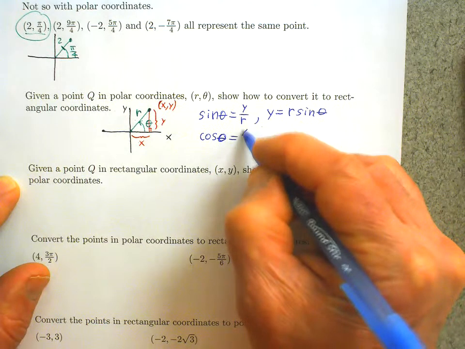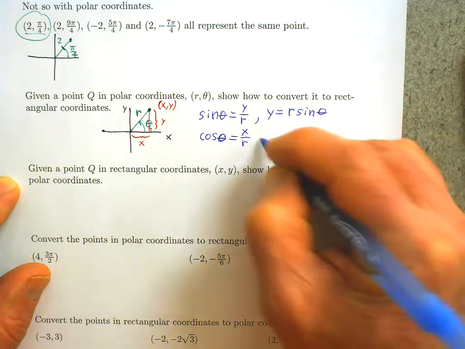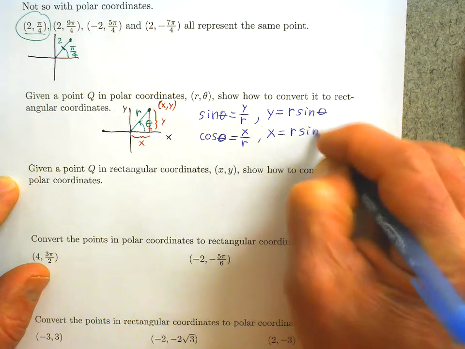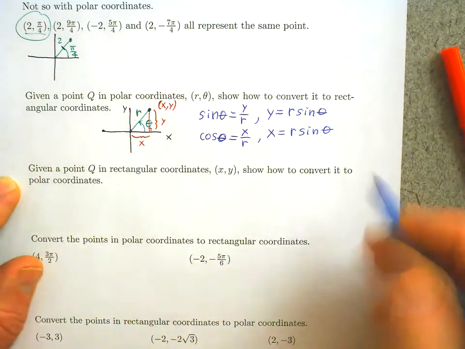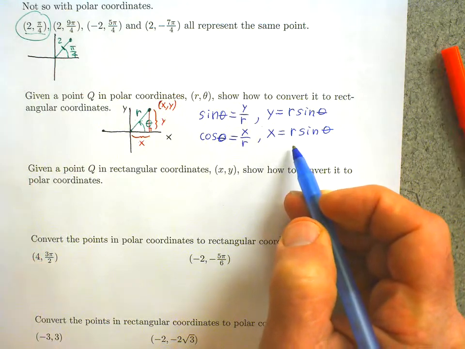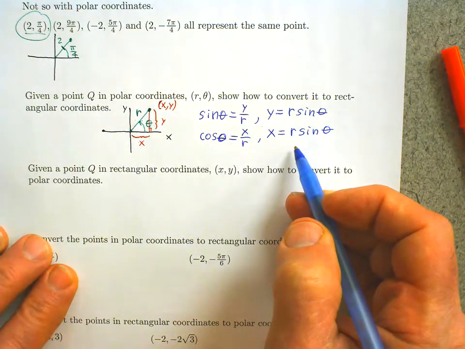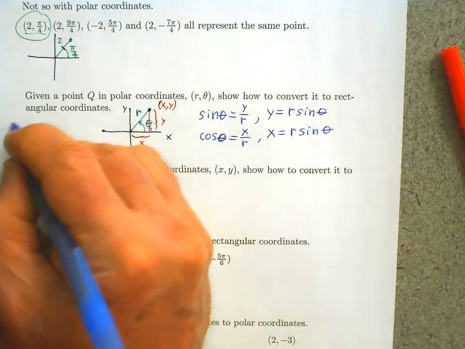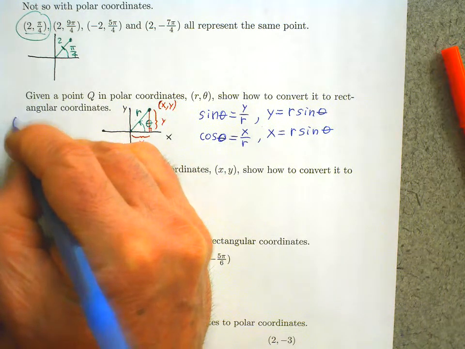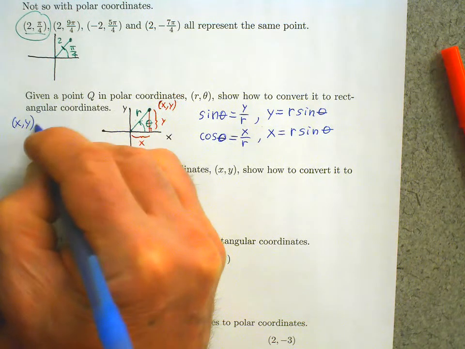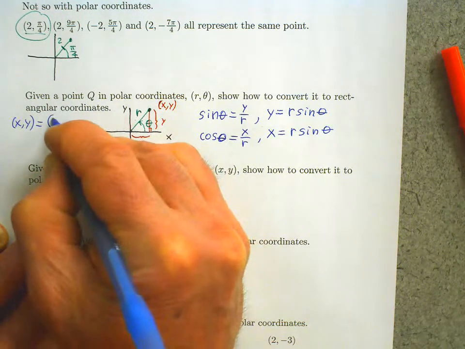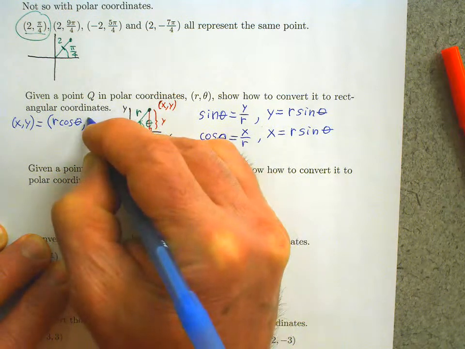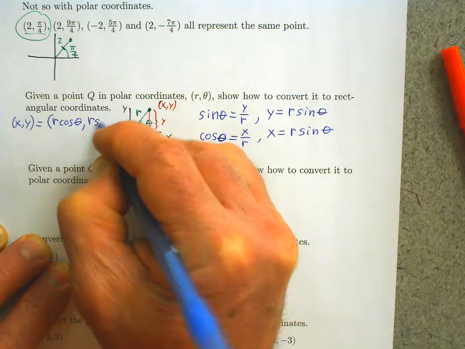So this is x divided by r. So x is r cosine of theta. So that's how we find the rectangular coordinates. If we have r and theta, then the x coordinate is r cosine of theta, and the y coordinate is r sine of theta.